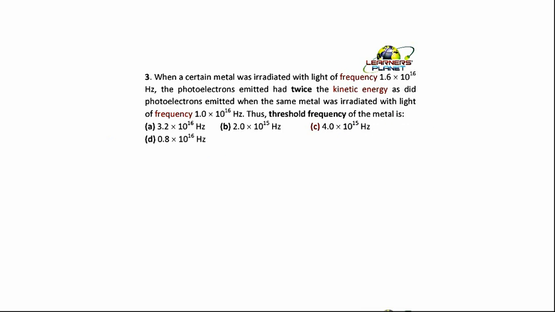Thus, the threshold frequency of the metal is... That is what it is saying.